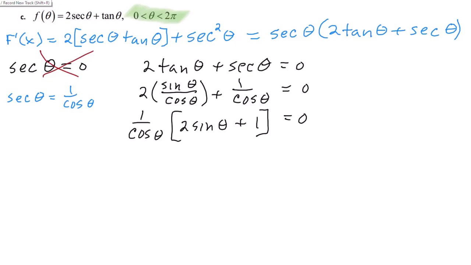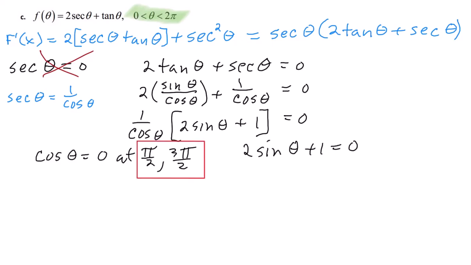Now remember, I'm not just looking for where the derivative is 0, I'm also looking for places where the derivative is not defined. So I'm looking at 1 over cosine theta. When would that number right there be undefined? Well, when cosine theta is 0. Where does that occur?